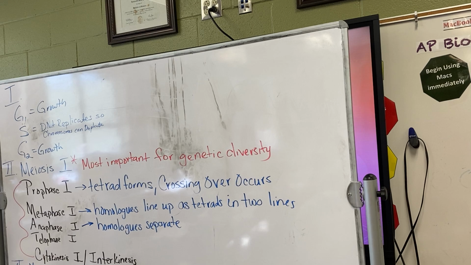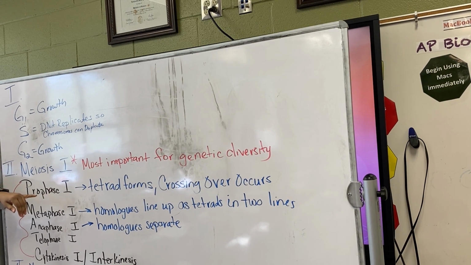Meiosis 1 is the first division, the first time the cell divides. Remember, a cell divides its nucleus first and its cytoplasm second. Meiosis 1 is the most important for genetic diversity. In meiosis 1, and you do have to put the 1s and 2s, you have prophase 1, you got the PMAT again.